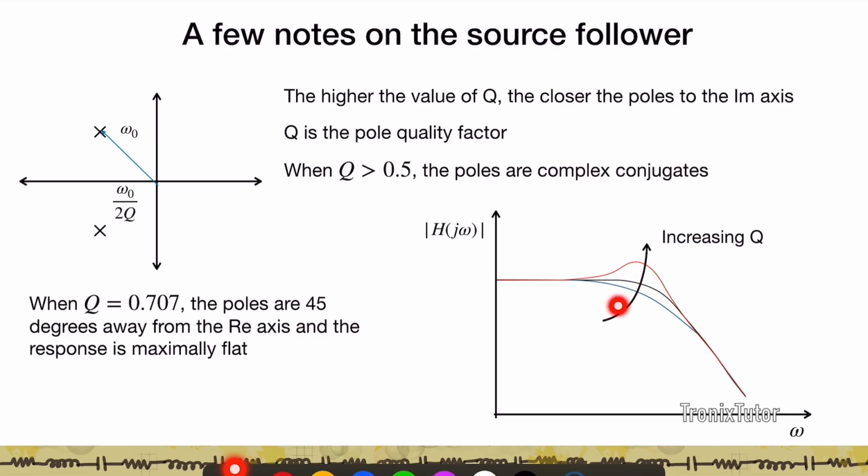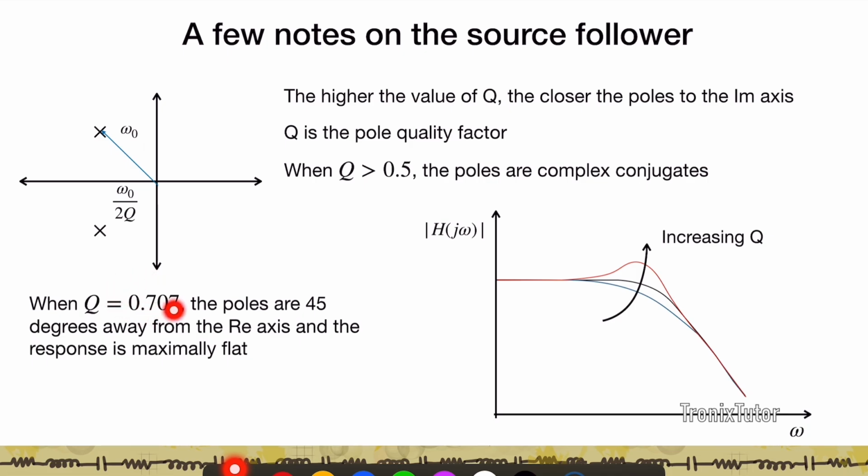As Q increases from 0.5 towards 1, H of S no longer remains a flat function, it starts to exhibit a peak, right? And this is where you start getting the band pass kind of effect. So this is a second order system which gives a band pass effect, primarily because of these two complex conjugate poles as they begin to move closer to the imaginary axis.